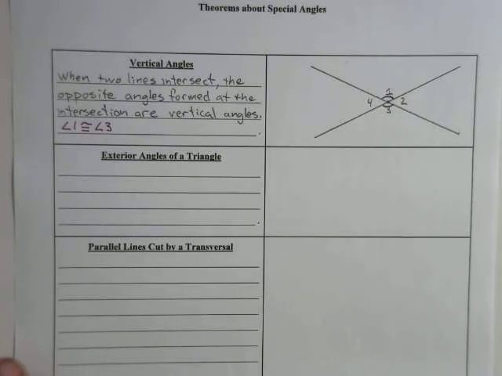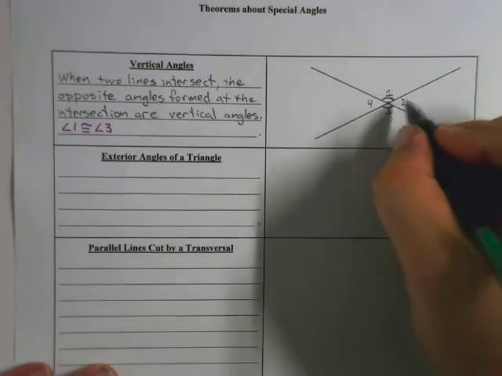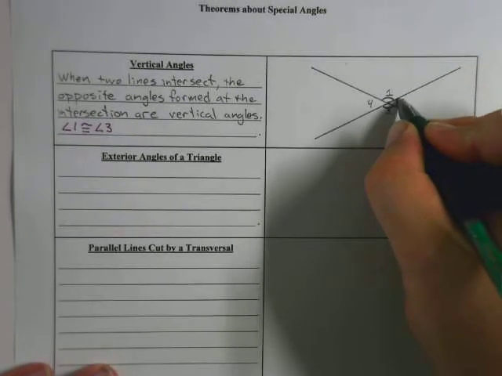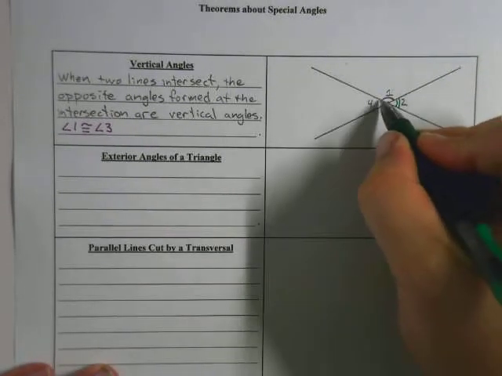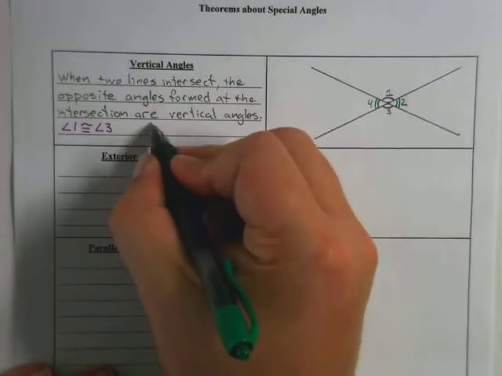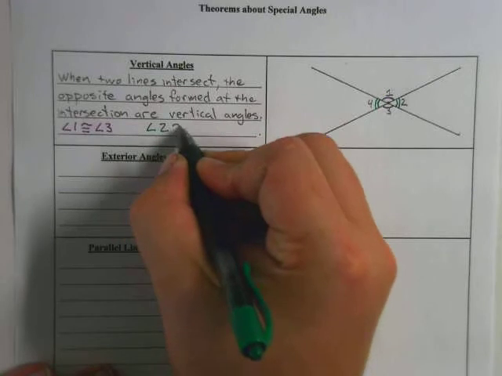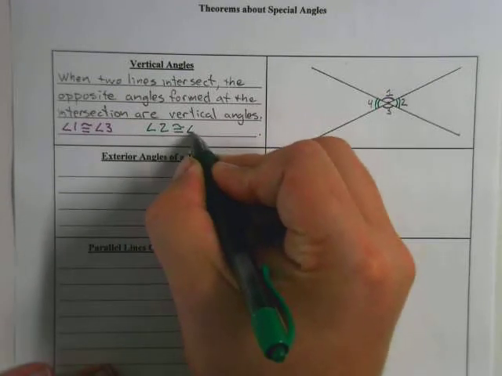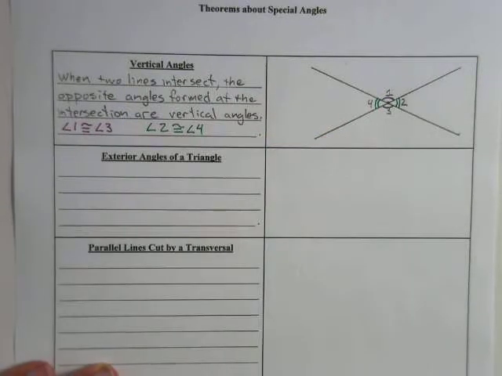So what also happens is angle 2 is going to be congruent to angle 4. So angle 2 is congruent to angle 4.